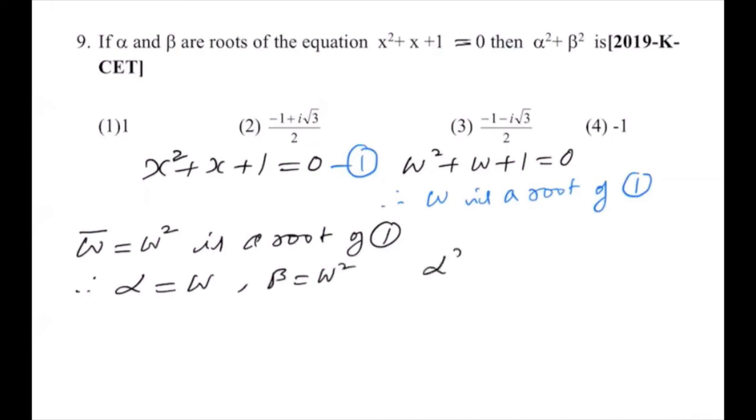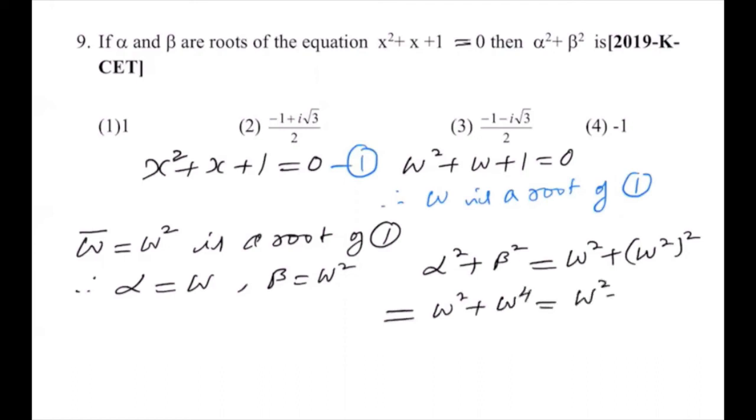Now we shall find the value of alpha square plus beta square, that is omega square plus square of omega square, that is omega square plus omega power 4, omega square plus, you can write it as omega cube into omega, that is omega square plus omega, because the value of omega cube is 1.